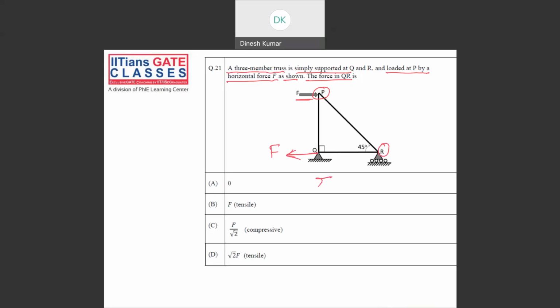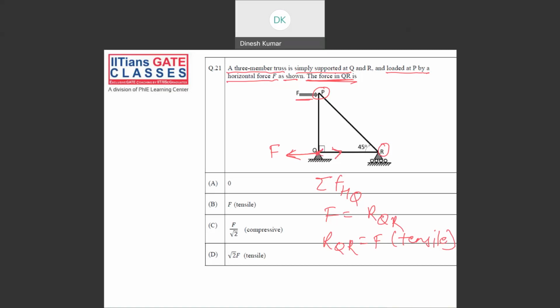Now, if you take summation of forces in the horizontal direction at Q, what we find is your F will be equal to the reaction in this member QR. They ask what the force in QR is. So the magnitude is F and the nature will be tensile, as the force is going away from this joint.